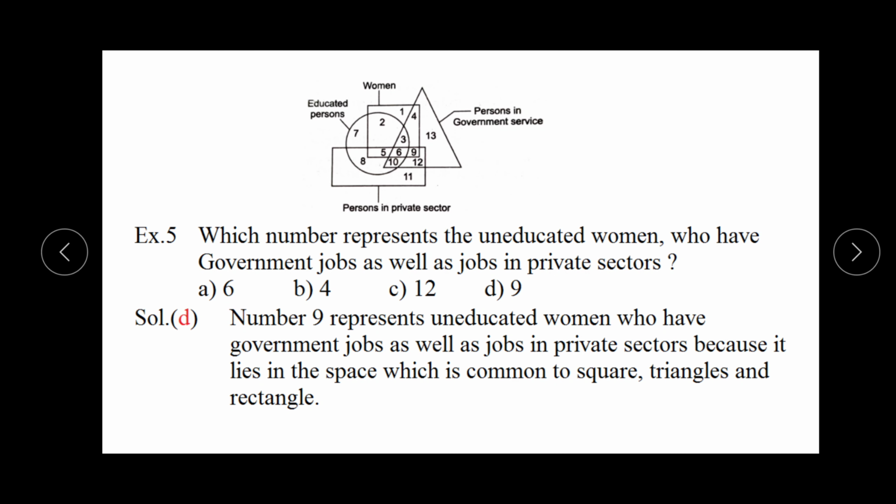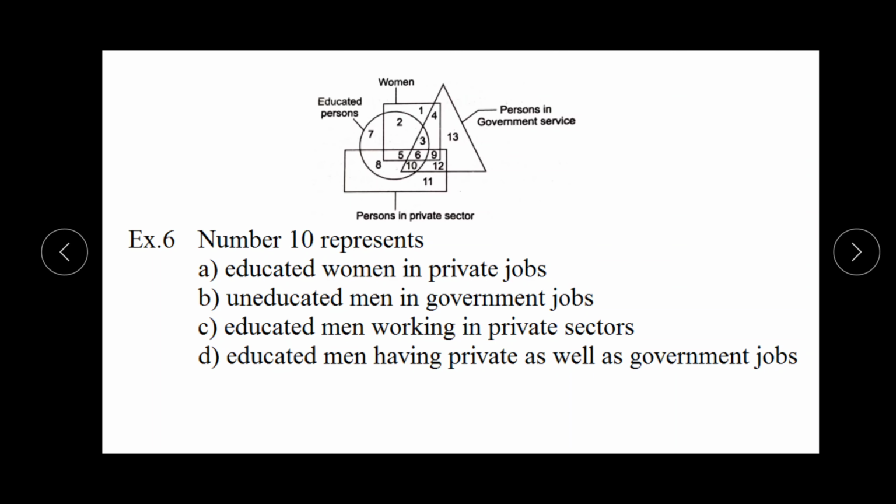So here we can see the answer also. One more example: number 10 represents what? We will check what this region 10 is showing. First we can see that in this 10 these are not women, these are male persons, because outside the women criteria there are male persons.